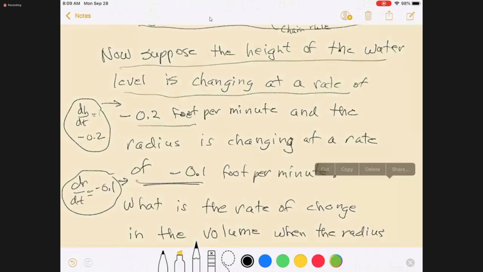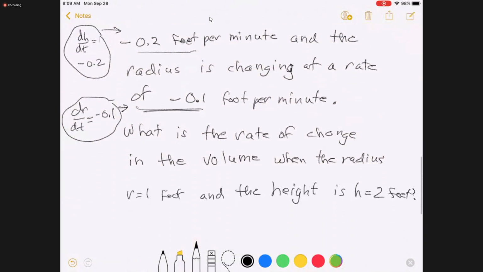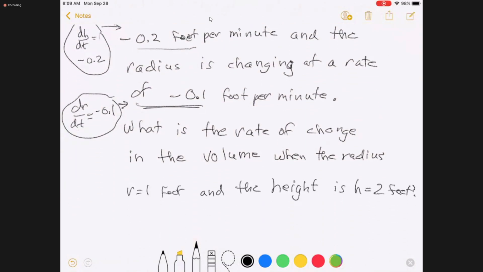And we want to know what is the rate of change of the volume when the radius r is 1 foot and the height h is 2 feet. Okay, well, r equal to 1 and h equal to 2, this is at one moment in time. Over time, R is decreasing.